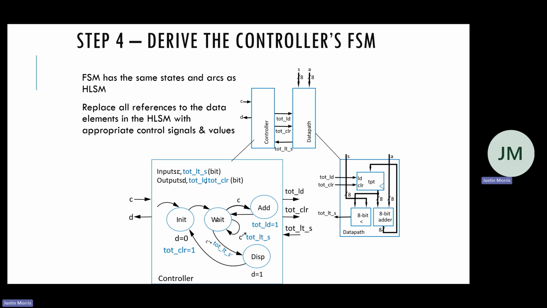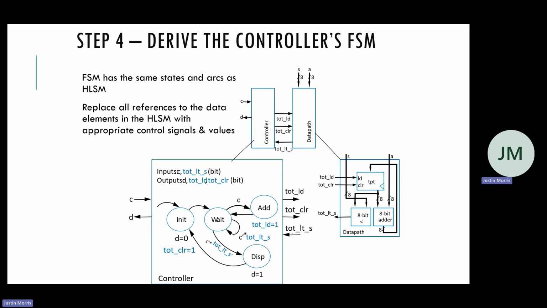So here we're going to create the controller for the high-level state machine. And the controller for the high-level state machine is just a finite state machine. And this finite state machine uses the exact same states as the high level state machine and transitions. But now everything is one bit, right?